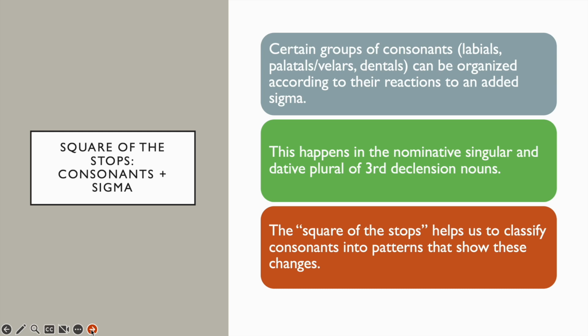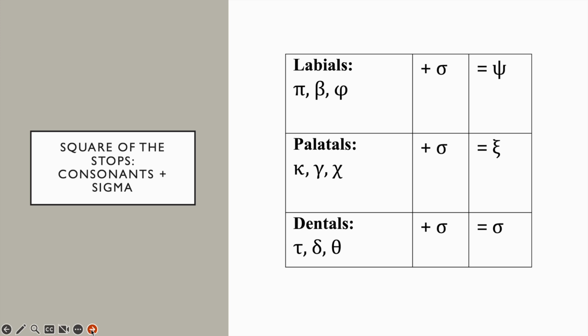And we've noted this already. Certain groups of consonants, labials, palatals, velars, and dentals, can be organized together to show their reactions to an added sigma, which occurs within the nominative singular and in the dative plural. So this is important. We saw this very same thing happen when we were dealing with verbs, especially the first aorist and the future. So we're looking at labials, which are consonants that are made with the lips.